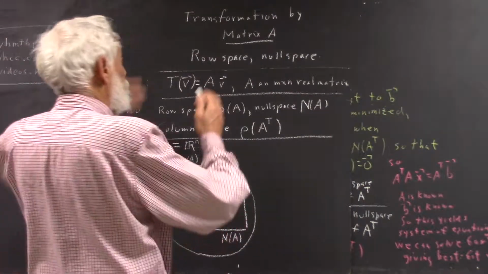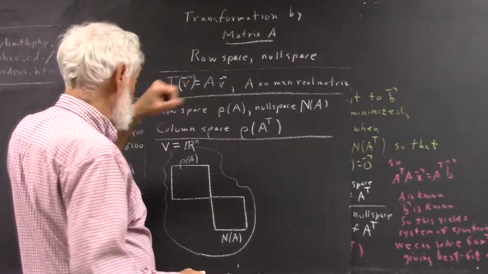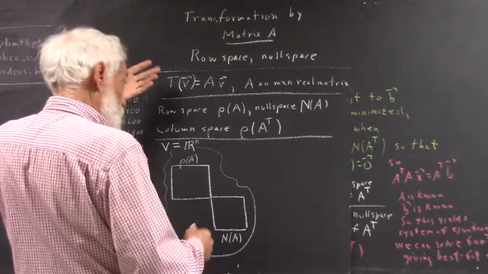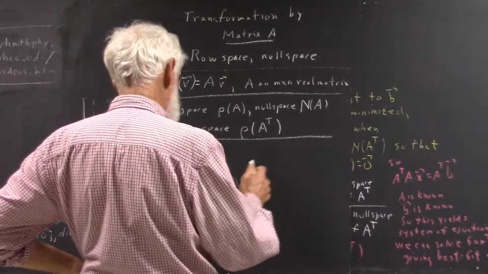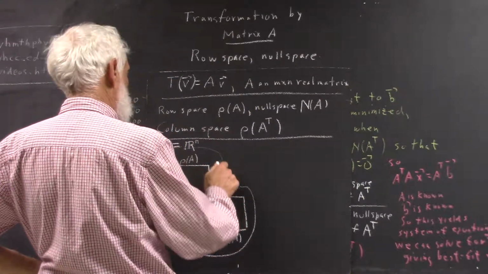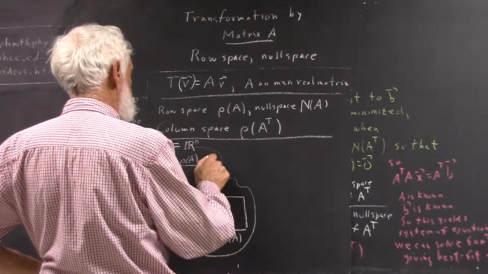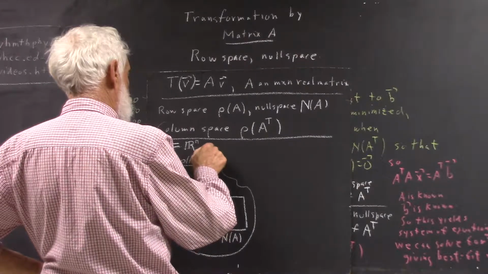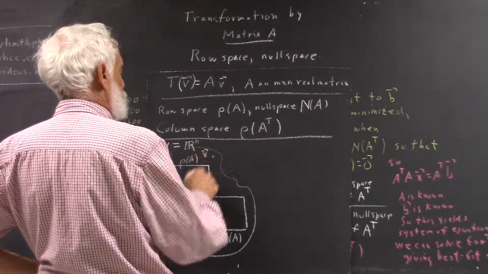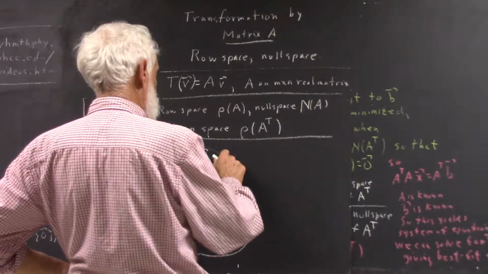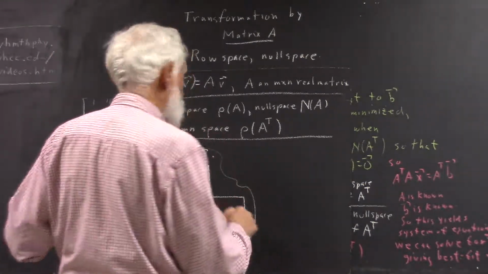Now, we define the transformation, which we did mention previously, but didn't really define. The transformation will take any vector V in Rn, and it will map it over to Rm.